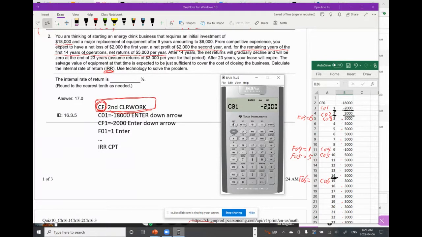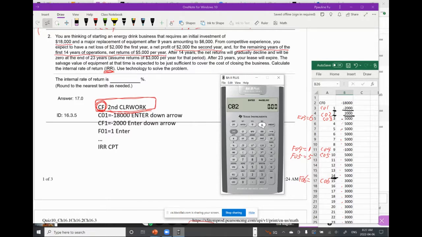Okay. Press Enter key. Down arrow key. F01 represents the frequency of C01. How many times did C01 happen? Just one time. Negative 2,000 just happened one time. So F01 frequency is 1. Typing 1. Enter.